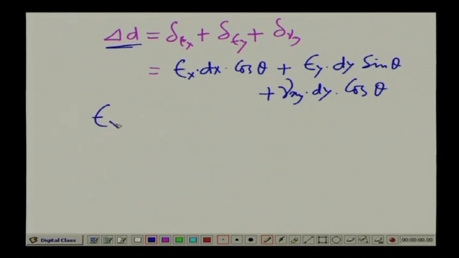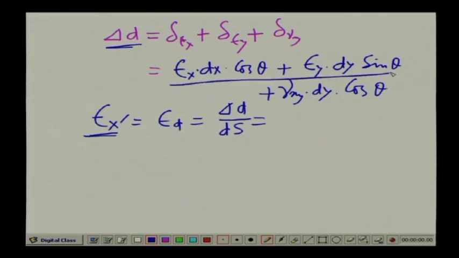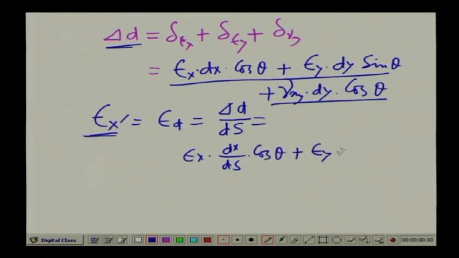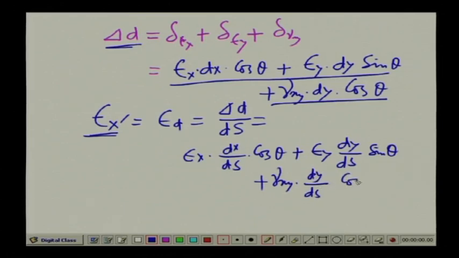Epsilon x dash, or the strain in the x dash direction, is nothing but the extension of the diagonal divided by its original length ds, which is equal to epsilon x times dx by ds times cos theta, plus epsilon y dy by ds sin theta, plus gamma x y dy by ds cos theta.